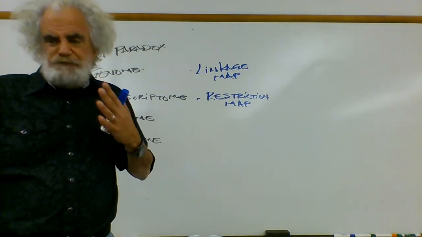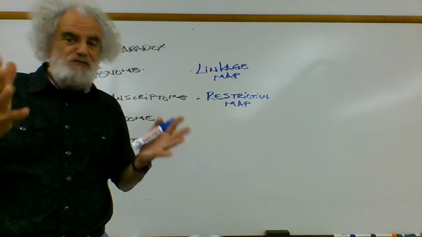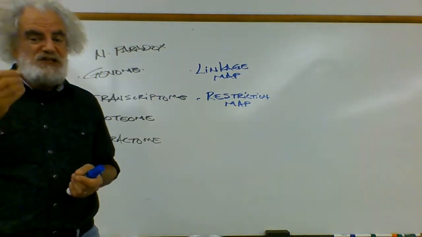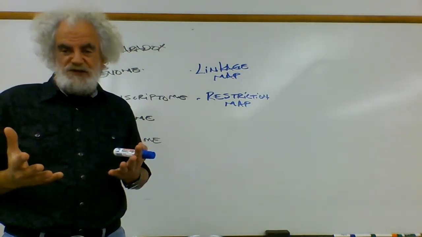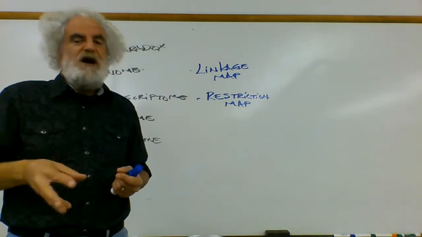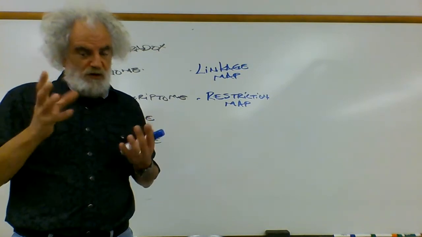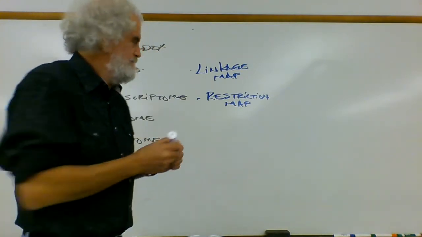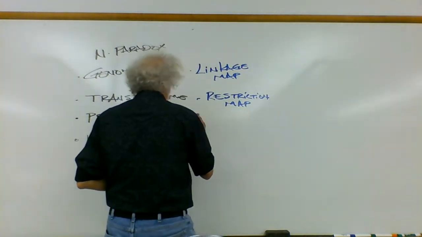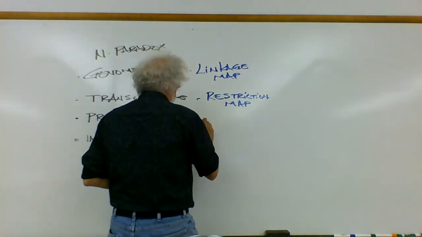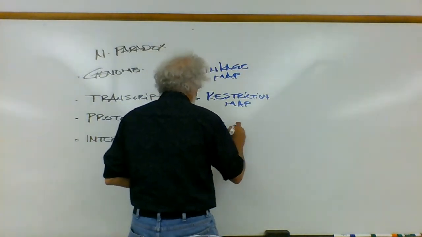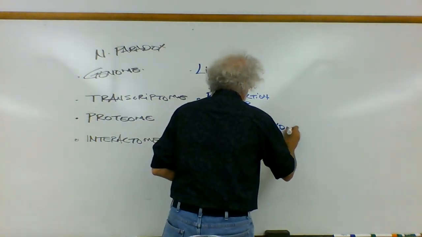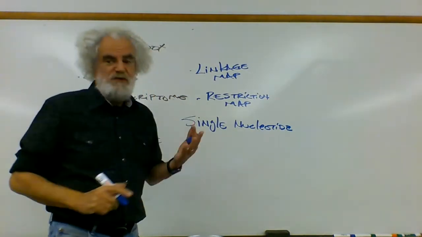So there's a lot of stuff that has moved forward. Now that we've got the entire human genome sequenced, and even more importantly, we're getting to a spot where we can sequence genomes very inexpensively, we're beginning to identify a whole range of what are really important, the single nucleotide polymorphisms. And these, of course, are probably the most important thing to think about when we start talking about using molecular genetics to identify mutations.